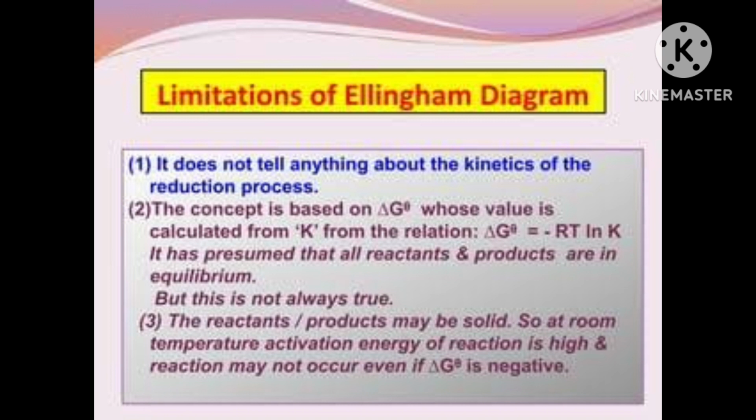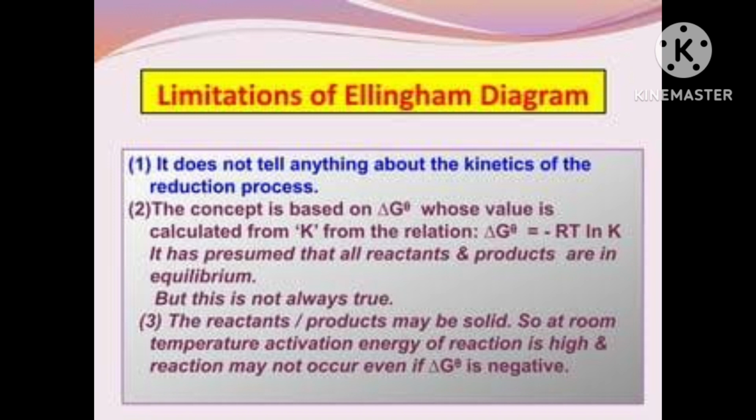Kinetics of the reaction process means it cannot answer questions like how fast it could be, whether it will be fast or slow. The Ellingham diagram will not tell this. It only tells the tendency of reduction. This is the first limitation.